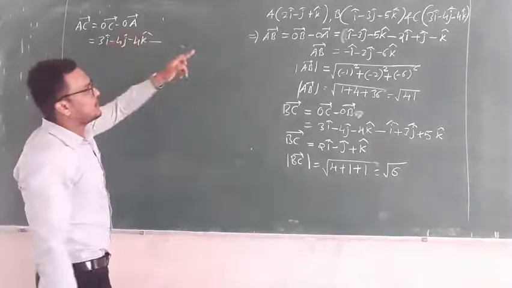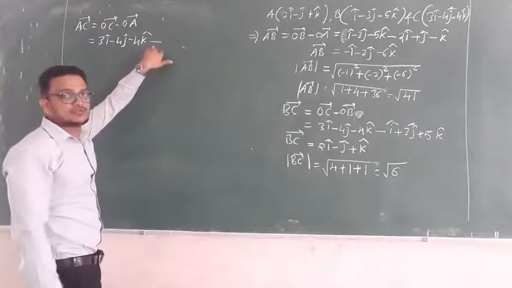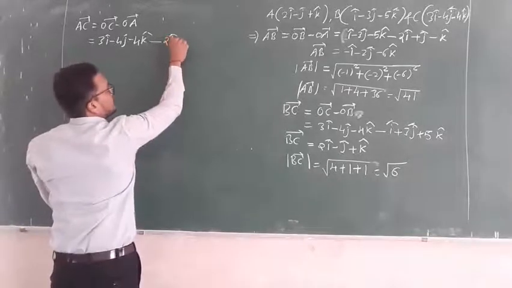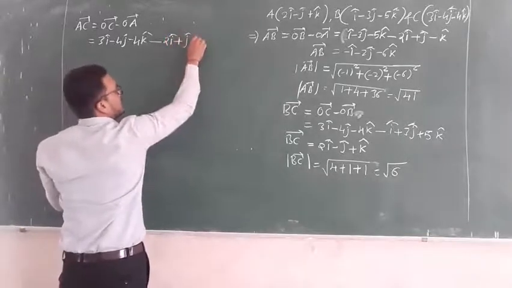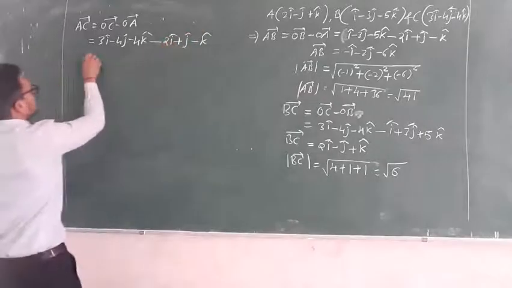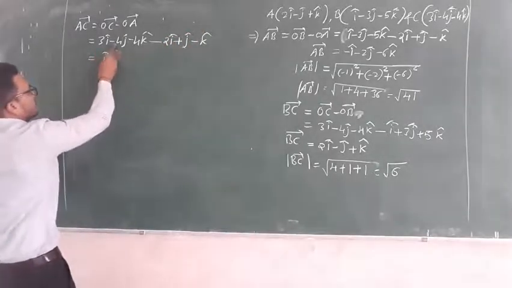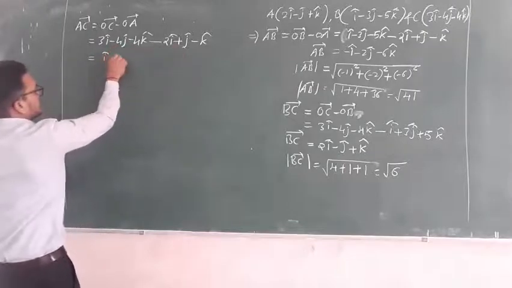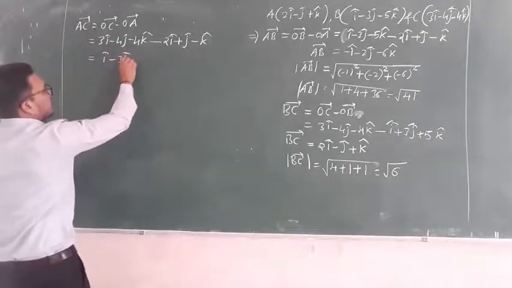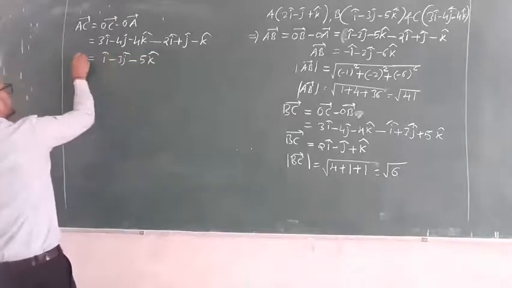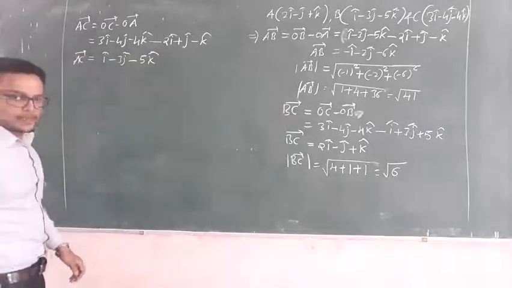While writing that vector OA, see, having the negative sign, so inside all the signs change. Minus 2i plus j minus k, which is equal to 3 minus 2, it is 1i, minus 4 plus j, it is minus 3j, minus 4 minus k, it is minus 5k. This is the answer of vector AC.